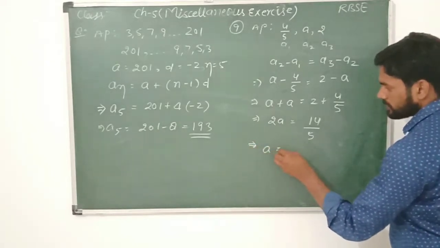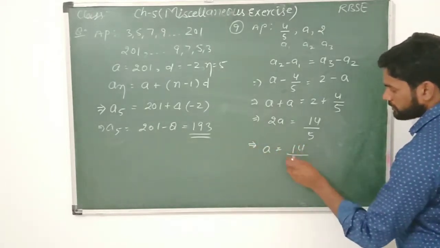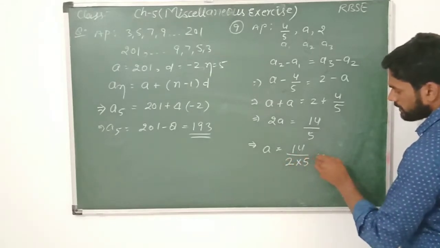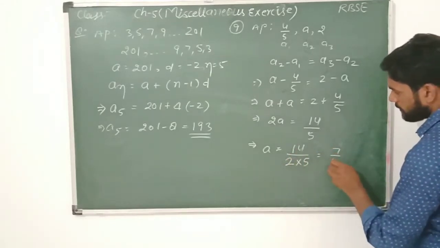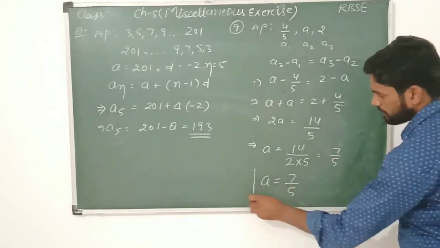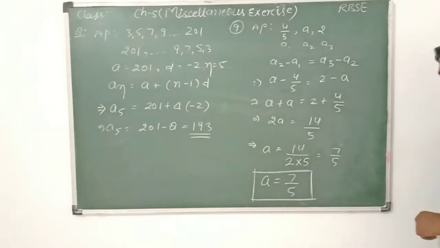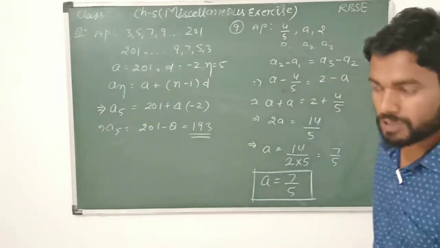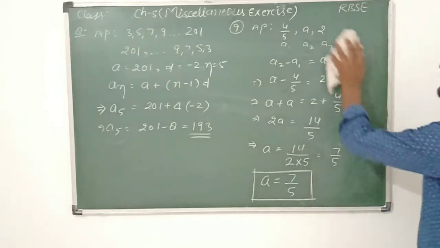Now a is equal to 14 upon 2 into 5, 2 sevens are 7, so 7 upon 5. The value of a is equal to 7 upon 5. Is this clear? So let's proceed to the next question, question number 10.